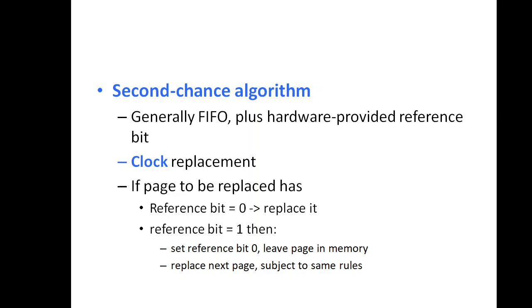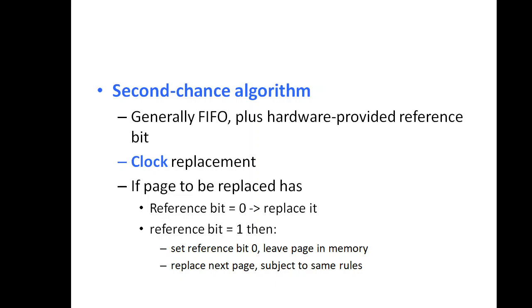A reference bit set to 1 indicates that the page has been referenced. So when we give a second chance to a particular page, we leave that page and keep moving.